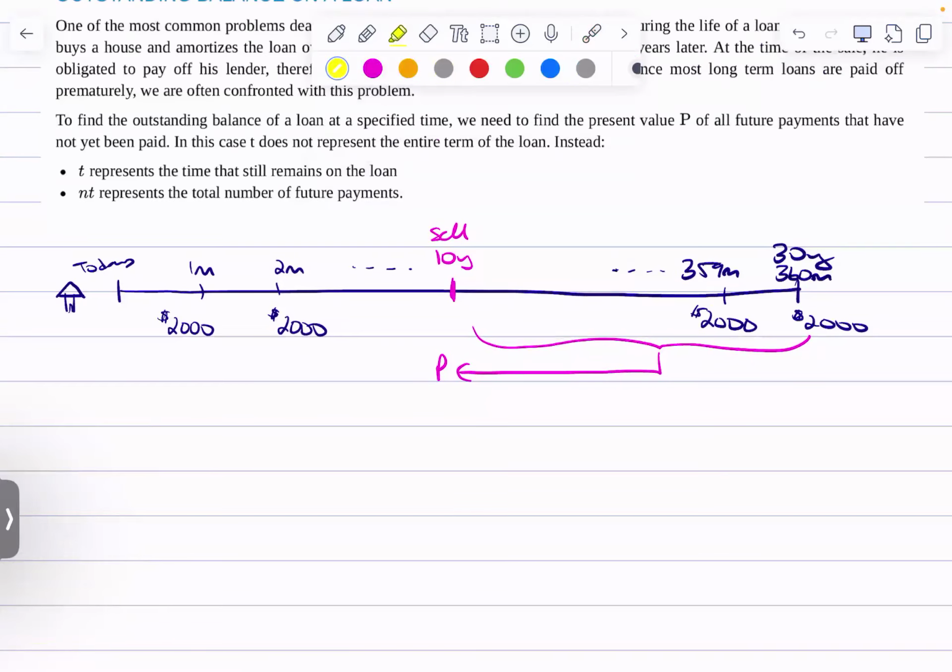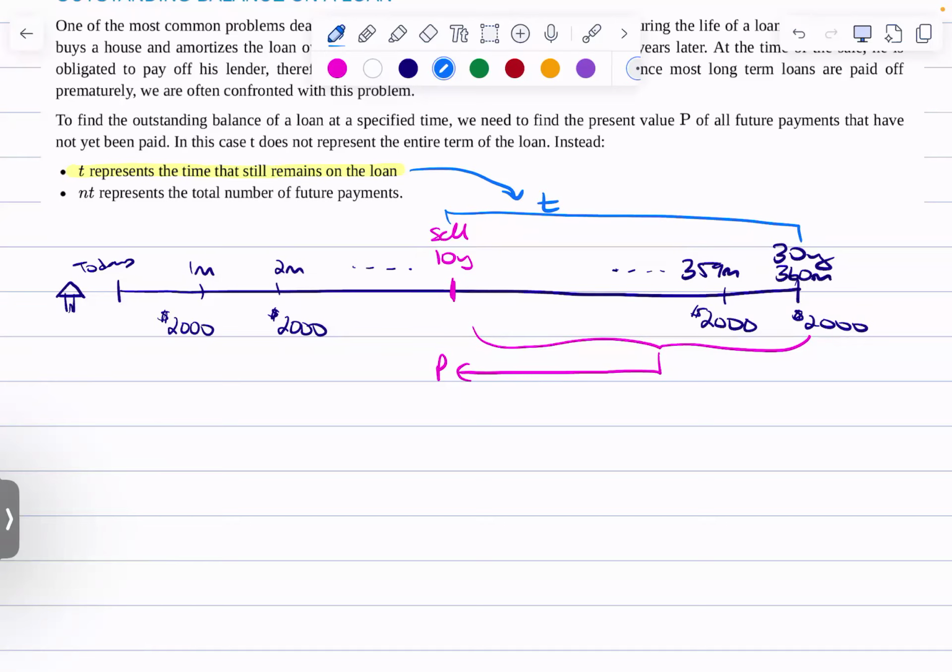And so here I'm going to highlight T, which represents the time that still remains on the loan. T would be this length of time, whereas before it's just been the 30 years. Now, depending on when we sell this, that T has to be adjusted because it has to be the amount of time that's left, not the time that's passed, that's gone, that's done.